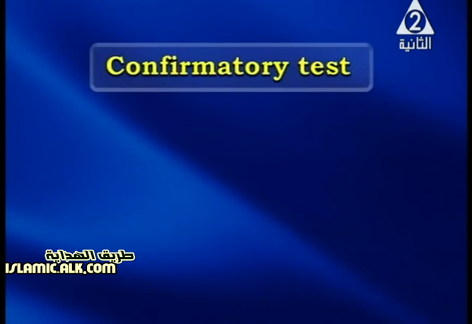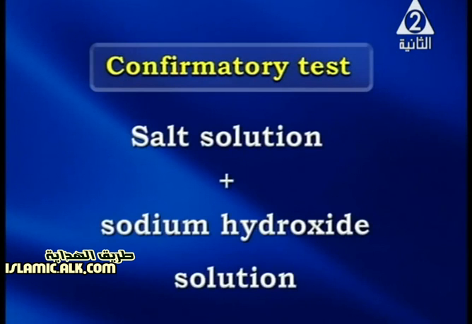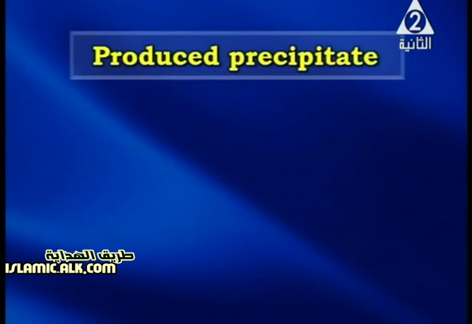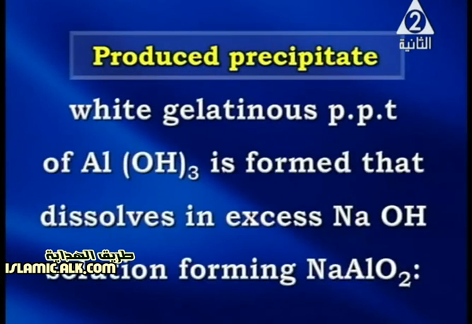The confirmatory test here is a salt solution plus sodium hydroxide solution. Here the produced precipitate is white gelatinous precipitate of aluminum hydroxide, which dissolves in excess sodium hydroxide, giving sodium aluminate that is soluble in water.